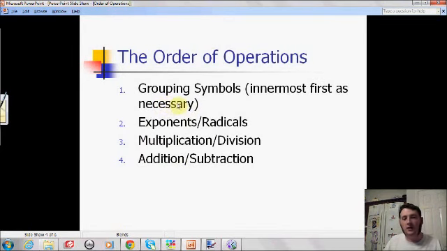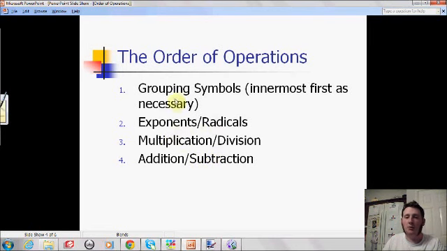And so, order of operations, we agree that operations should be done in this order. And this may not be sort of the way you're used to seeing this presented. Grouping symbols first, starting on the inside, working your way out if they're nested, if there's grouping symbols inside of grouping symbols. Then we do exponents and radicals, then multiplication and division, then addition and subtraction.